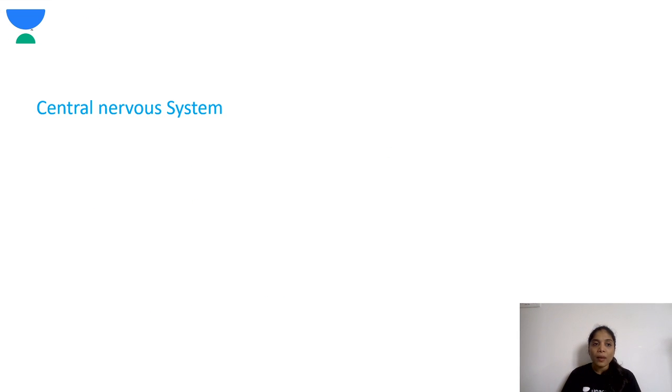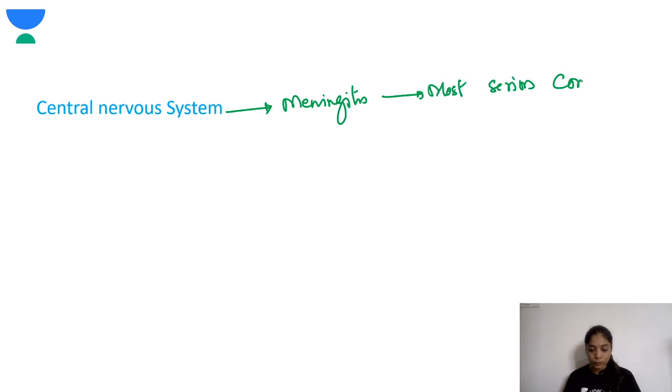Okay, so now coming to the central nervous system. The central nervous system is the most serious complication of tuberculosis. Tubercular meningitis is the most serious complication. So what happens?